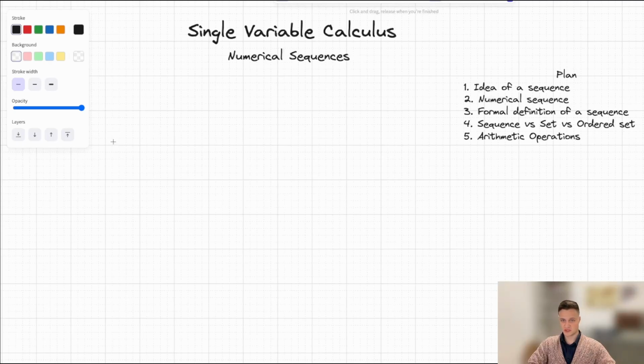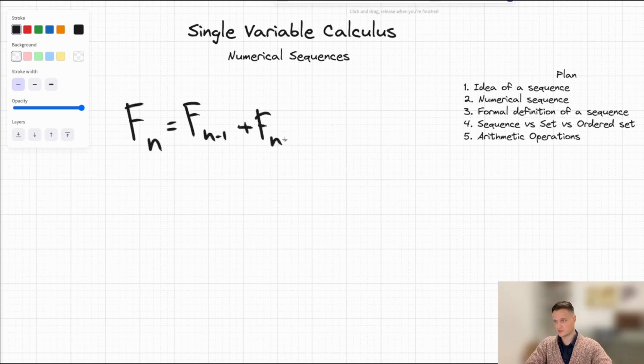And for Fibonacci numbers, this is the following formula. Each Fibonacci number is just a summation of two previous numbers: the previous one and the one before the previous. And it's important to know that there are two first numbers, f1 and f0, these are 0 and 1. So we can recursively calculate the others.